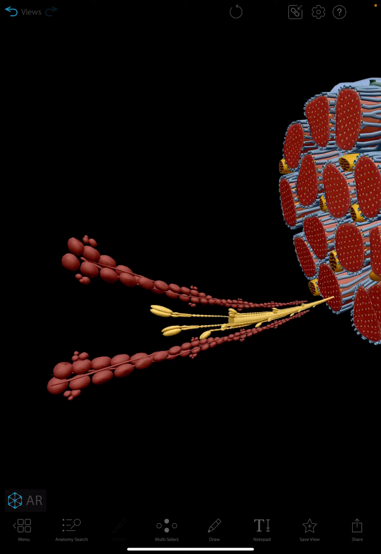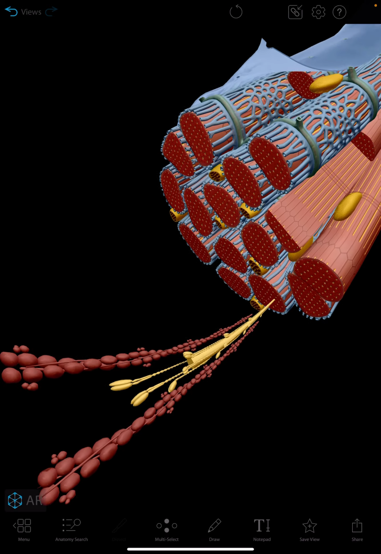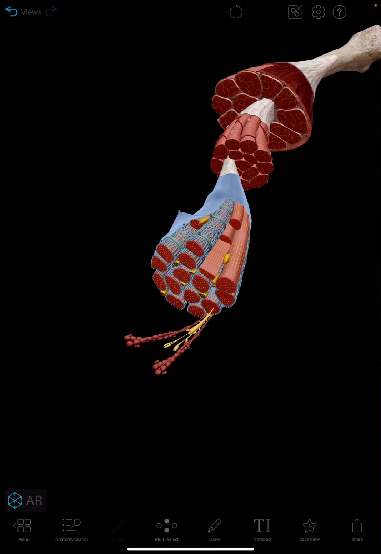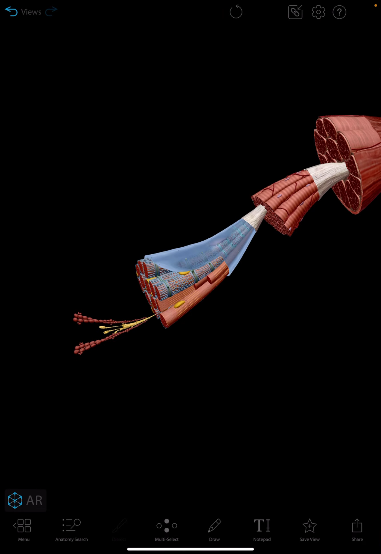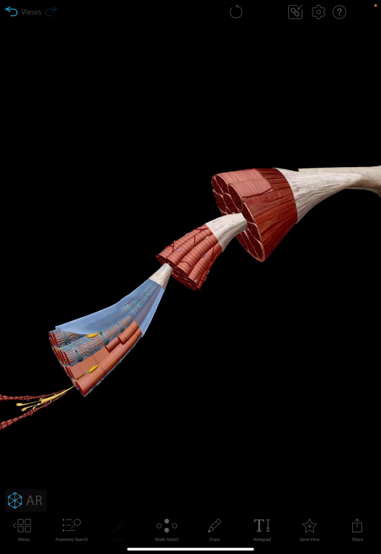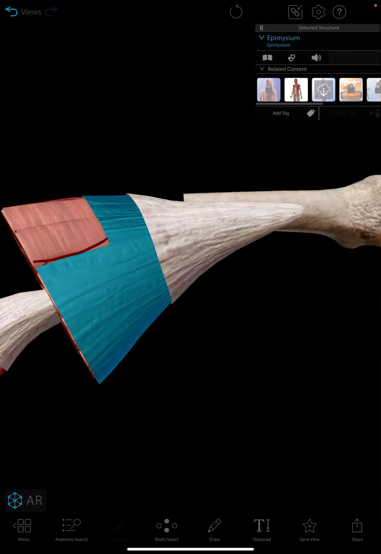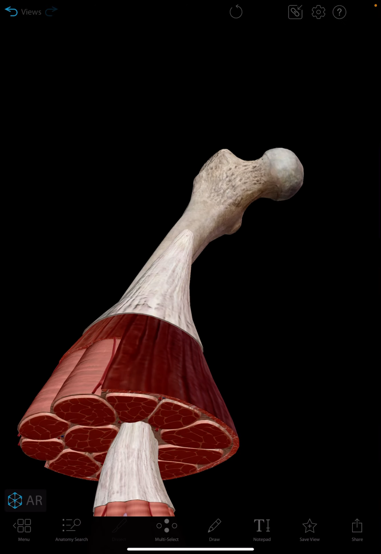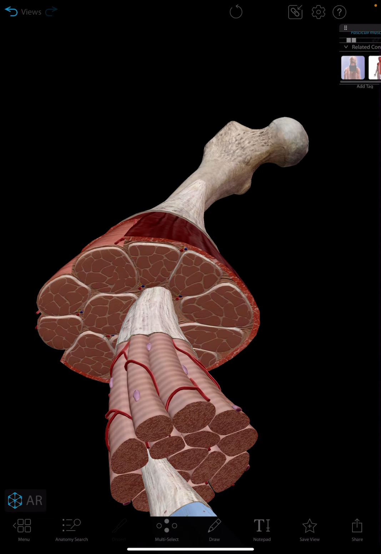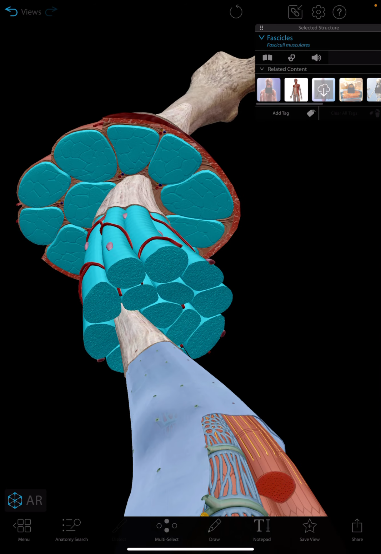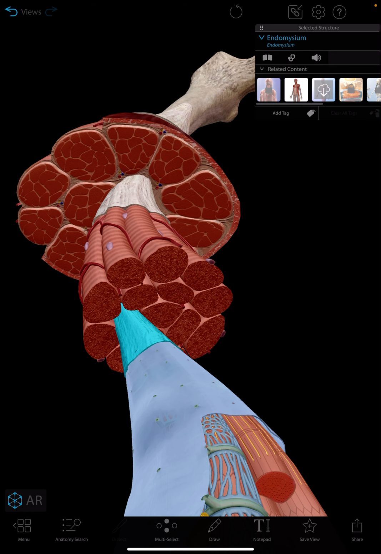So if I zoom out here, you can appreciate the whole thing that we have talked about. If I zoom all the way out, you can see this gross view of everything that we looked at. Again, we started way over here with our bone, tendon, and muscle. This muscle was organized into individual fascicles that you see here in blue. You have one fascicle pulled all the way out, and you have the endomysium surrounding a muscle fiber.